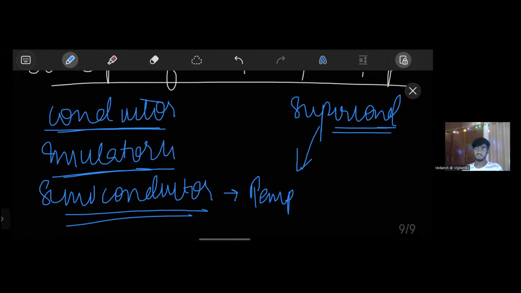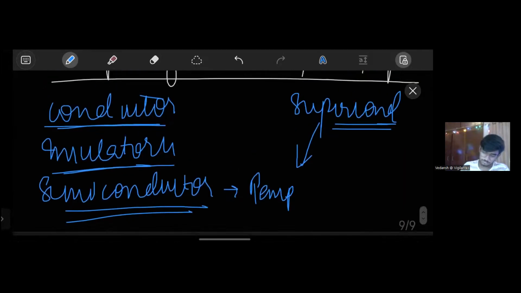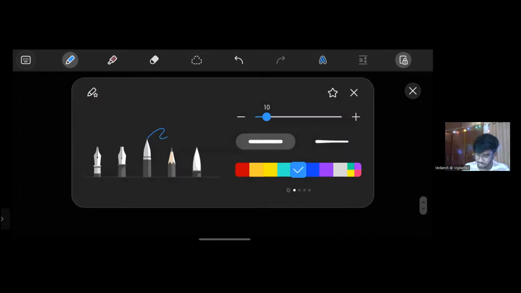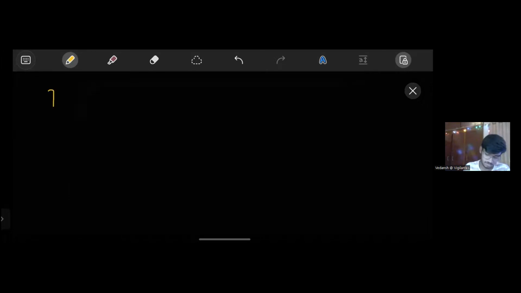While they're at those stages, they tend to pass on electrons so quickly that it flows in a very fast manner. Okay, so let me show you how semiconductors work. It is not related to your topic, but still, it should be taught.